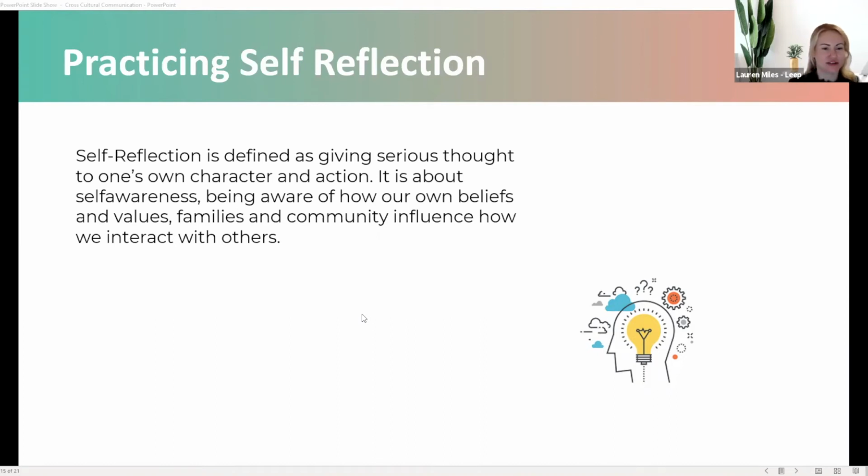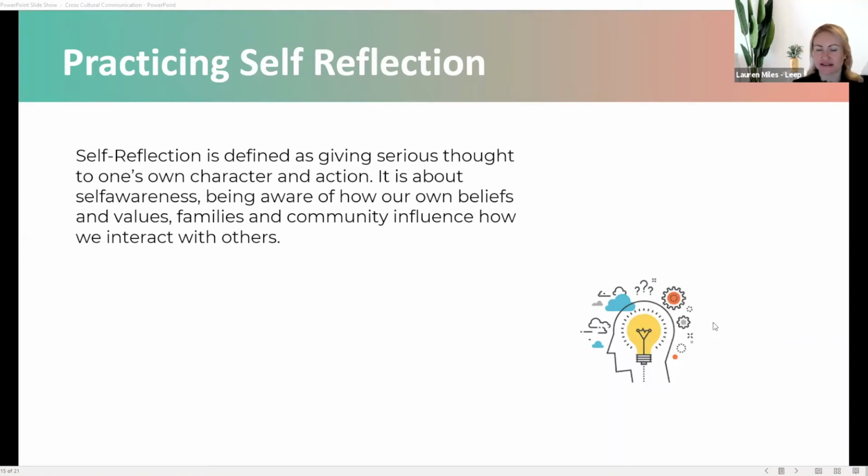It helps to improve the way you interact with people because you can understand how you're reacting to things and how you're communicating, and it's always good to be self-aware. Some of us might be in roles or jobs or volunteer roles where we do this a lot. For other people, this might be a new concept, so I'm going to give a bit of a definition.